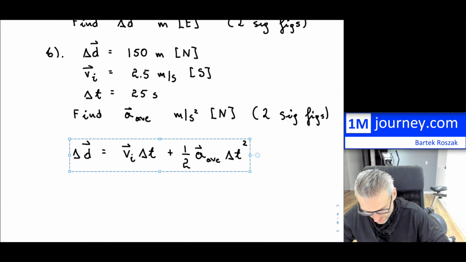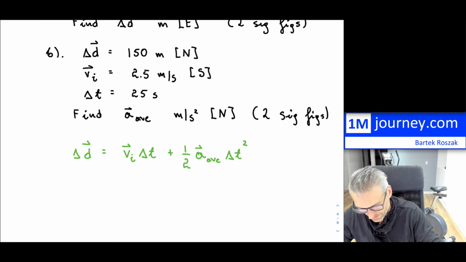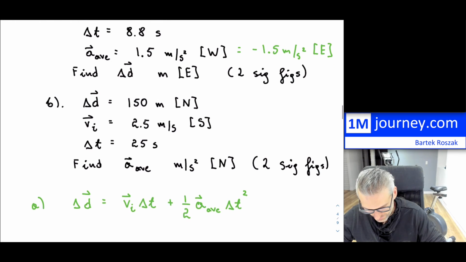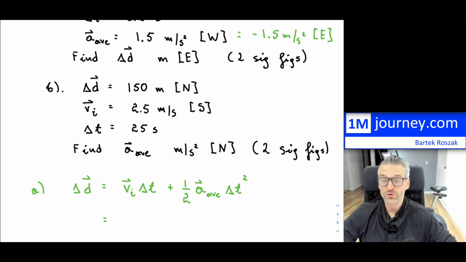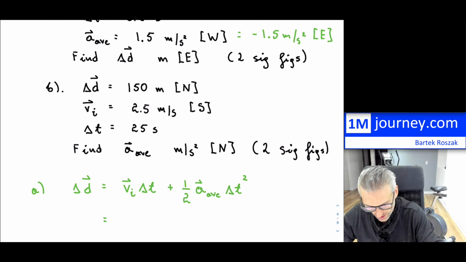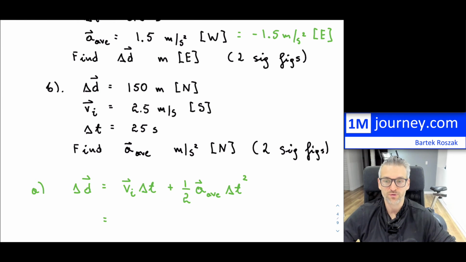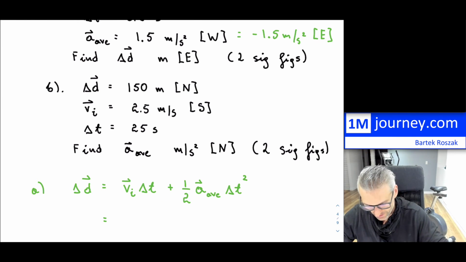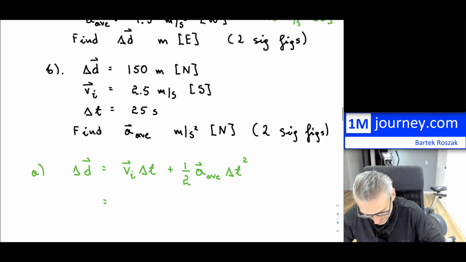Let me change it to the color that I'm using. This is for part number A. Now let's substitute it in. Luckily, we don't have to do anything because we are actually solving for this. So we just have to evaluate this by using our regular order of operations. My VI is 3.8.